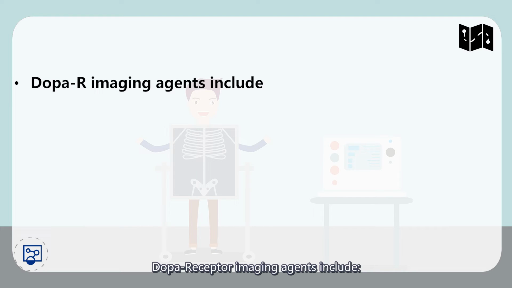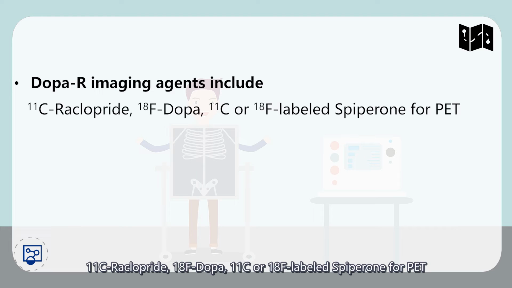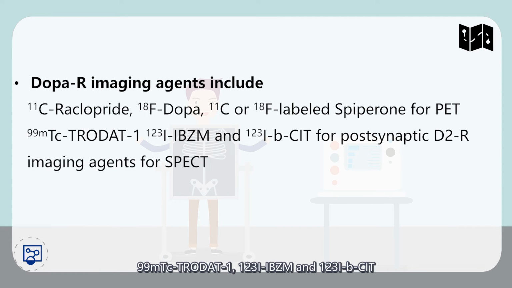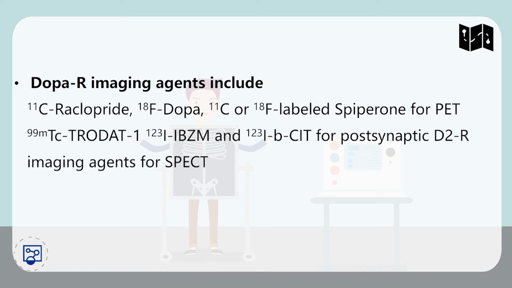Dopamine receptor imaging agents include carbon-11 raclopride, F18 dopa, and carbon-11 or F18 labeled spiperone for PET. Technetium-99m labeled TRODAT, iodine-123 labeled IBZM, and iodine-123 labeled CIT are postsynaptic D2 receptor imaging agents for SPECT.